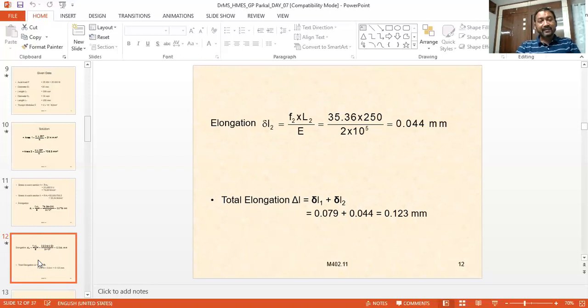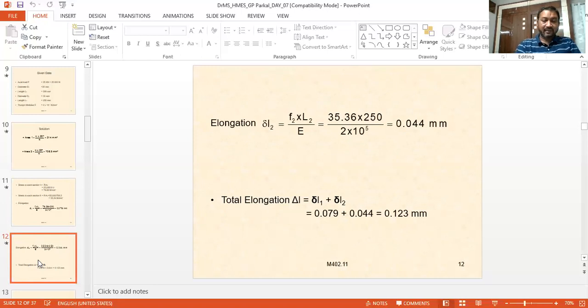We can notice that the maximum stress will be developed in the section having the minimum diameter or minimum area of cross section, and the minimum stress is developed where the area of cross section is maximum, that is, the larger diameter. That we must note.